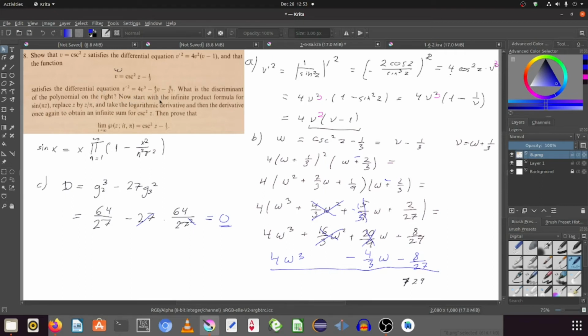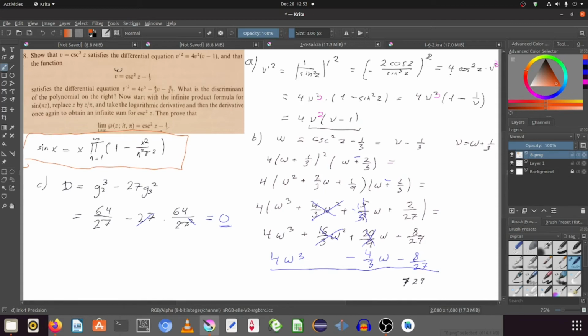Now start with the infinite product formula. So that was the guy I already had prepared up here. And this replacement has already been done because it's sine z I have here. I found it on the net. I don't really remember them well.